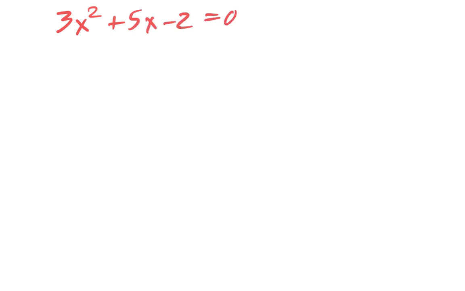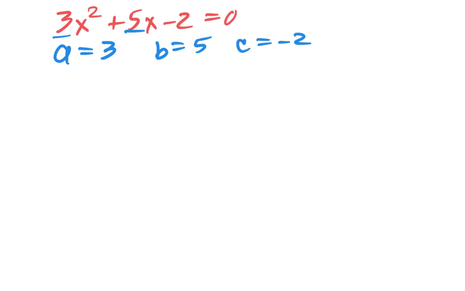Very important that my equation equals 0. So what is a, what's b, and what's c? A equals 3, that's the number in front of x squared. B equals 5, that's the number in front of x. C equals negative 2, that's the number by itself.